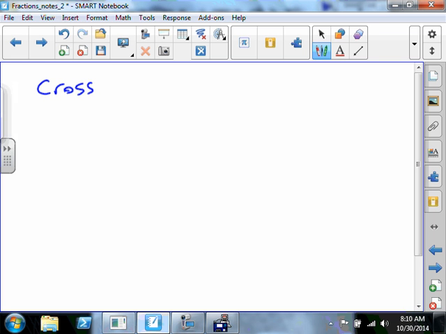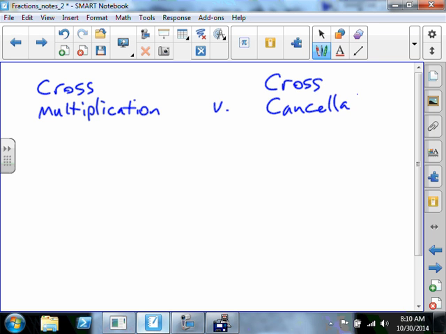I've got news for you about these two. They're not the same. Cross multiplication and cross cancellation are 2 different things. And people want to mix them up, just like they mix up factors and multiples.